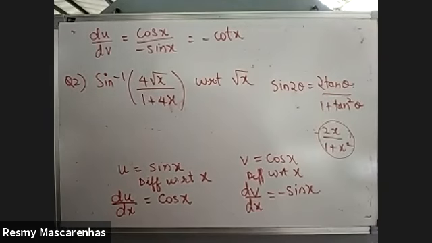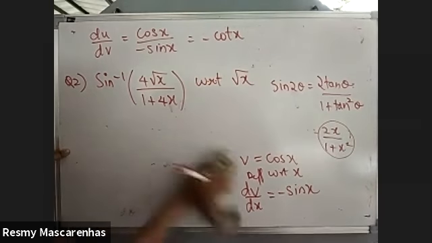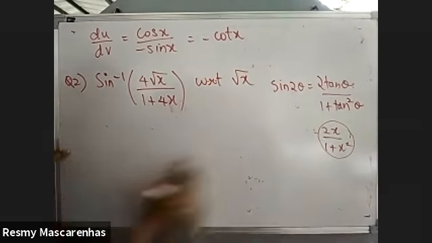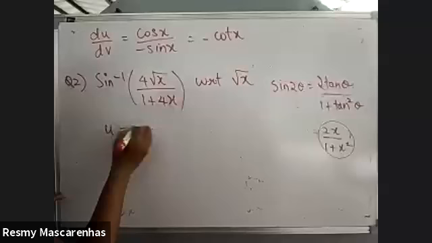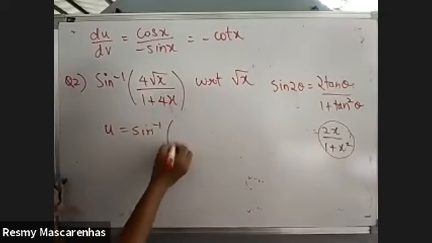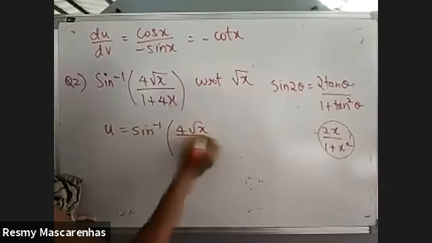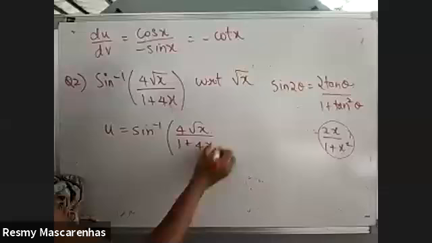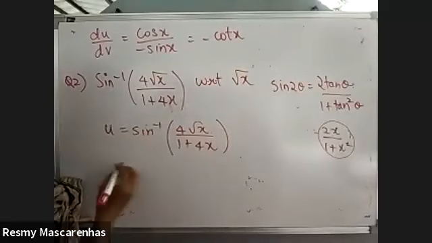Okay. So first what we will do is we'll consider this as u. So u is nothing but sine inverse of 4 root x upon 1 plus 4x. Now I just have to arrange it into 2 into something.